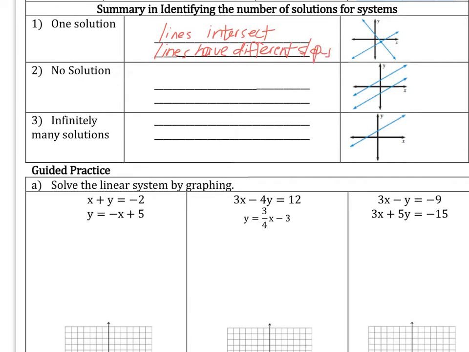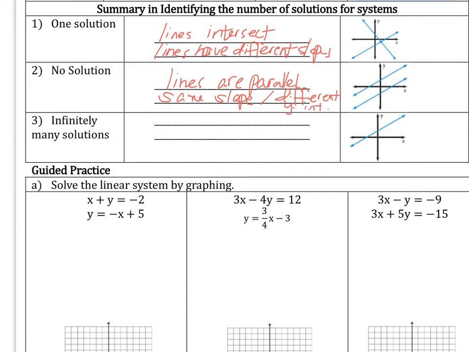And for a system with no solution, the lines are parallel. And they will have the same slope, but different y-intercept.